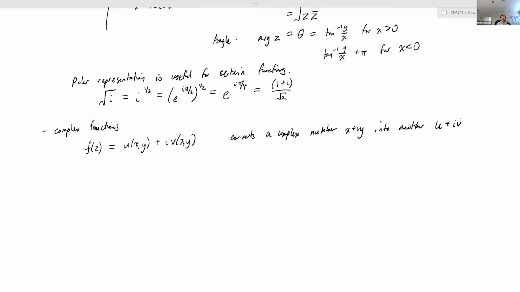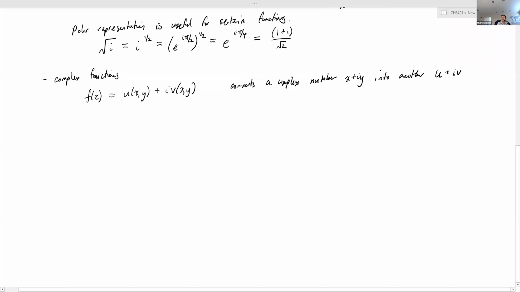Okay, we could actually take a derivative of a complex function. Now you know what a derivative is in real analysis, for instance, the slope of a line or something like that. In complex analysis, that derivative is something pretty similar, but it's a little different now because you are converting two numbers into two numbers. But I'll just write down for now what a complex derivative is.